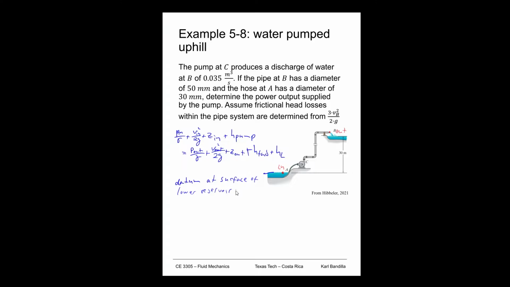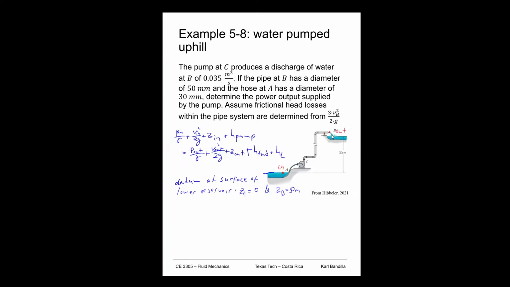That means that our Z_A, our Z in, is equal to 0 because it is at the surface of the reservoir. And Z_B is the out, where we are given a height of 30 meters. So Z_B equal to 30 meters. There we go.